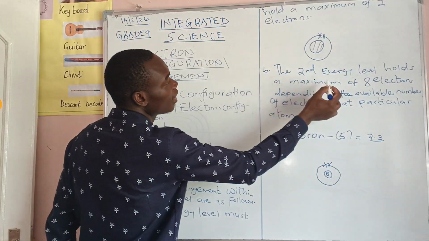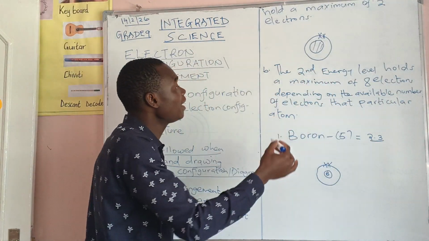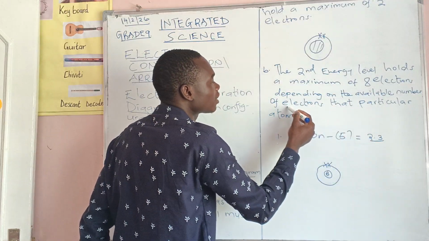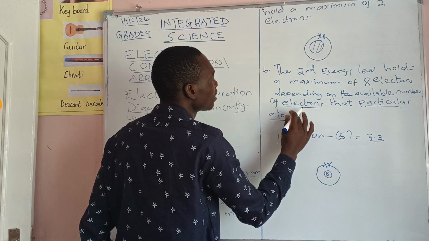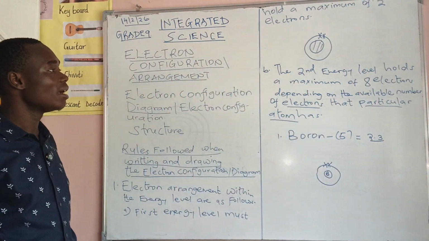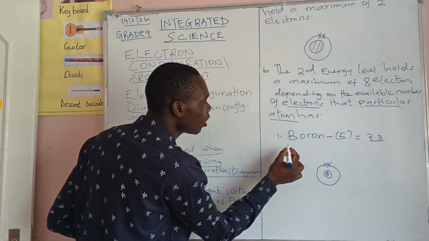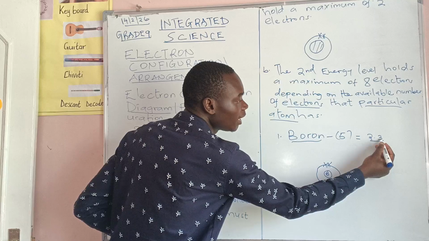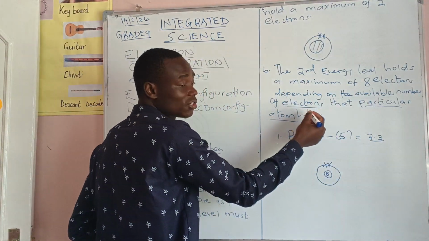And the second says the second energy level holds a maximum of 8 electrons, but depending on the available number of electrons that particular atom has. So you realize that boron has how many? Only 3 available electrons.